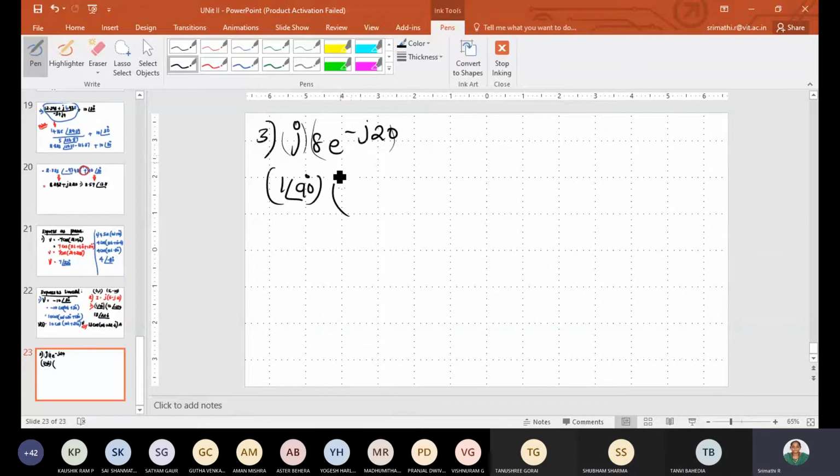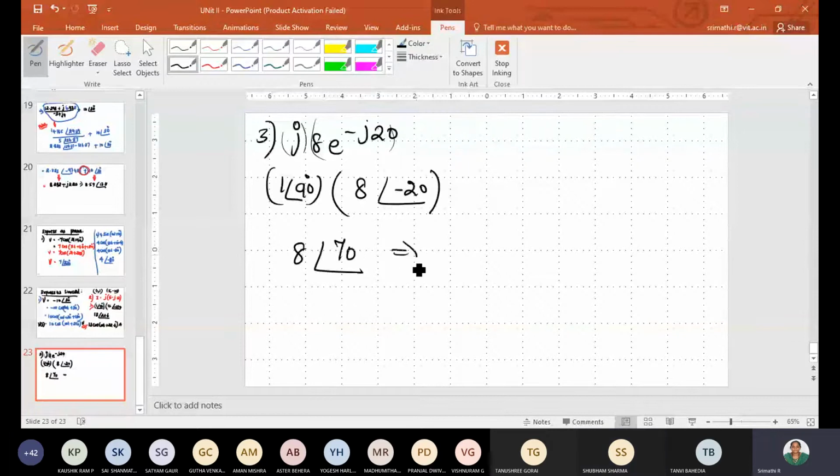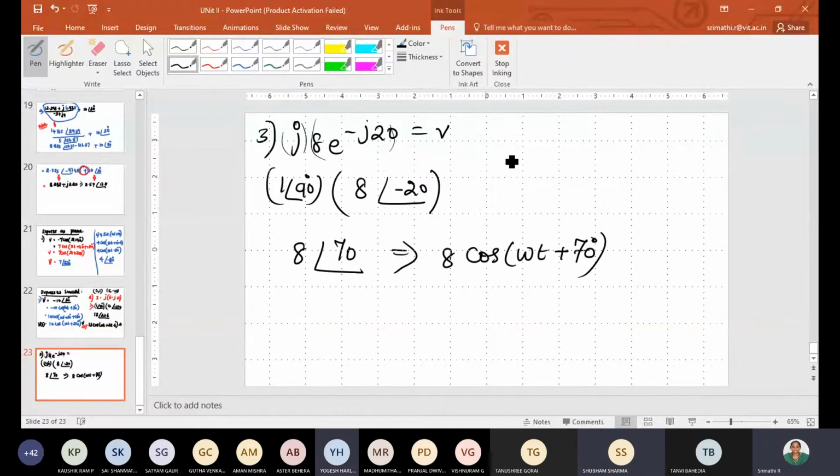It is 8 angle minus 20. So it is 8 angle 70. How will you write this? 8 cos(omega t plus 70 degree). If this is voltage, capital V, this will be v of t.